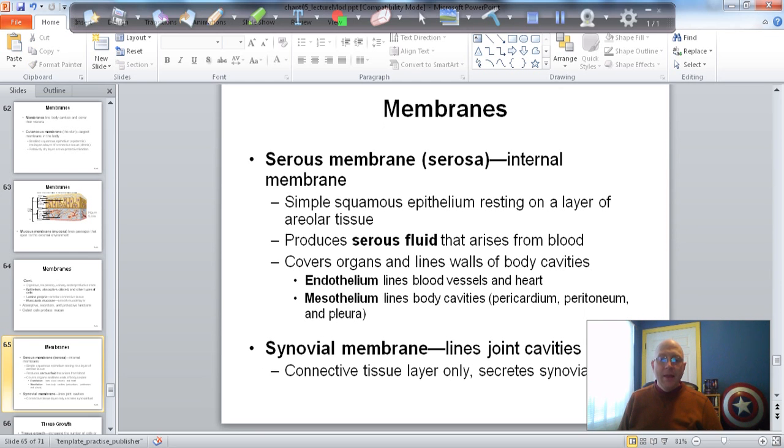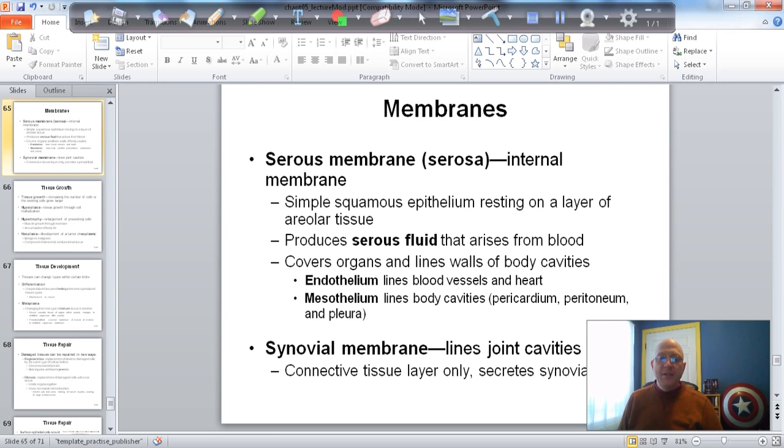Right? And then here's one more membrane. A synovial membrane. Synovial joints are ones like the ones you have in your knuckles, your elbows, your knees, and numerous other places in the body. In fact, they're pretty much all the joints that can crack like that. That's because there is a little fluid pocket that lies between the bones in all of those joints. And that fluid is a lubricant.